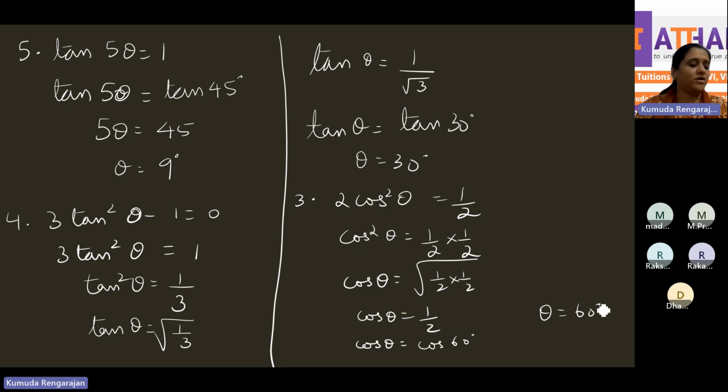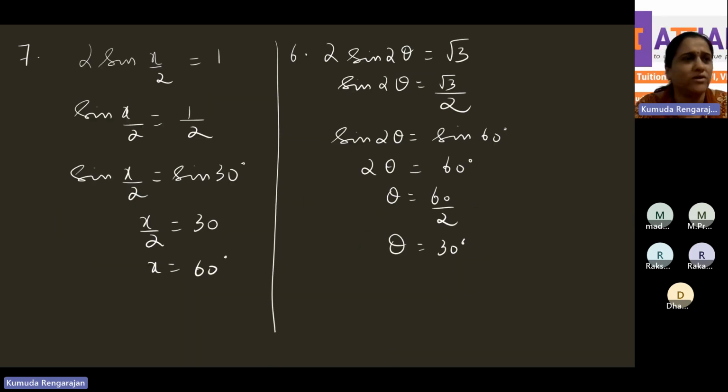So in the second one, what did you get? Cos x is equal to cos 30 degrees. So x is equal to 30 degrees for the second one. And for the first one, tan 3x is equal to how much you got? So you got tan 3x is equal to 1. Correct? Yes.